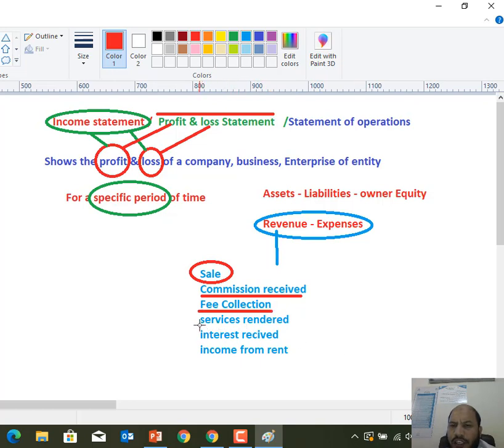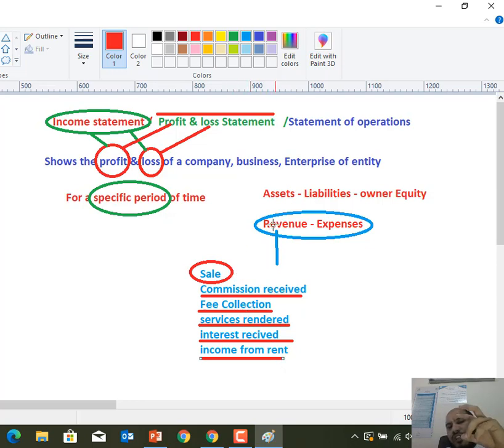If we provide services to customers, these services may be different. So in return we will get revenue from them. And if we lend our money on interest, we will get a return from them. And if we provide a building or our assets on rent, we will get revenue from them.